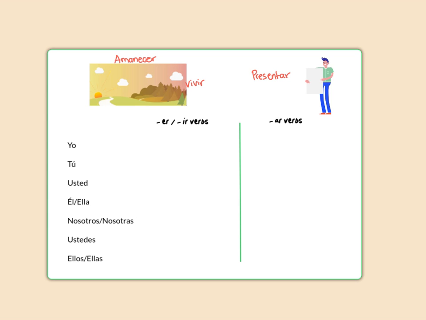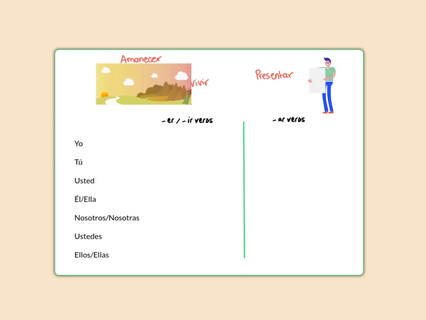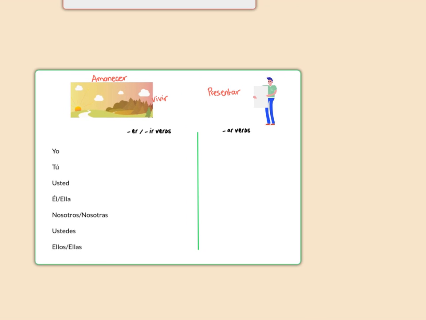So we're going to start as usual. Let's grab our verb amanecer, which is our first example for the ER verbs. As usual, we drop that ER ending at the end, amanecer, and we're going to add the appropriate endings.